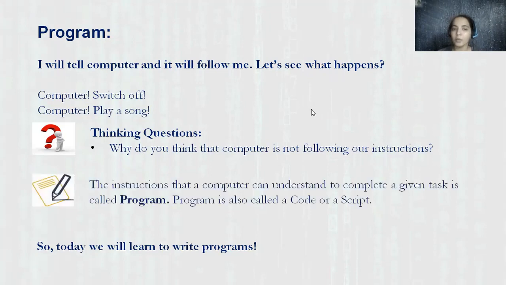So here we go. The instructions that a computer can understand to complete a given task is known as a program, and a program is also called a script. You can name it a code, a script, or a program. In this way it works, we give it a name.